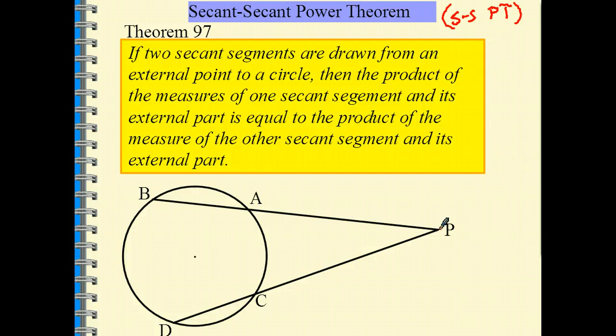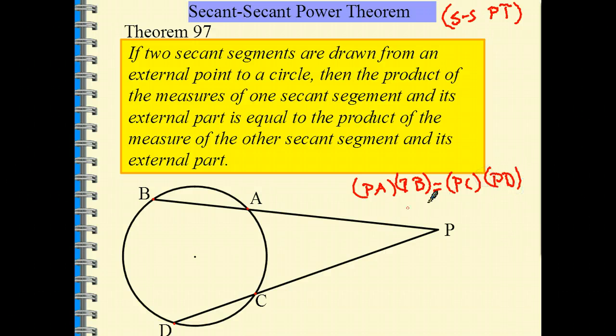So let's take a look. We have a common point, P. We draw to B, and in doing so, we go through A, which is also a point on the circle. From P, we also draw all the way to D, going through C, which is also a point on the circle. This theorem tells us that the external part, PA, times the entire secant, PB, has to equal the external part, PC, times the entire secant, PD.